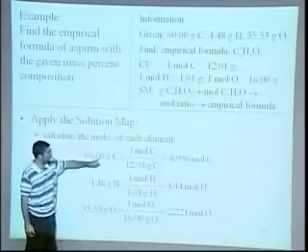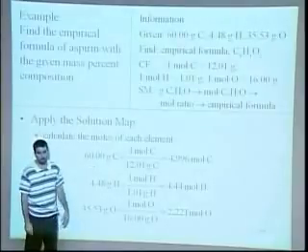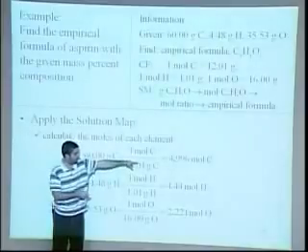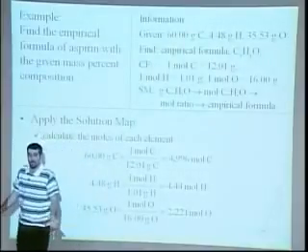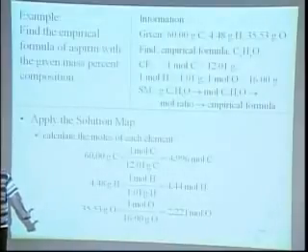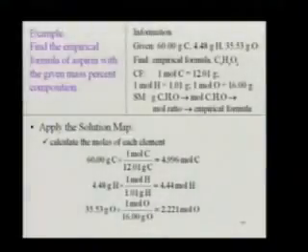If I have 60 grams of carbon, how many moles do I have? Convert it. You know that every 1 mole is going to weigh this much. So there you go. You have 4.996 moles of carbon if you had a 100-gram sample that was 60% carbon. 4.48 grams of hydrogen would turn into 4.44 moles of hydrogen. 35.53 grams of oxygen would turn into 2.221 moles of oxygen.